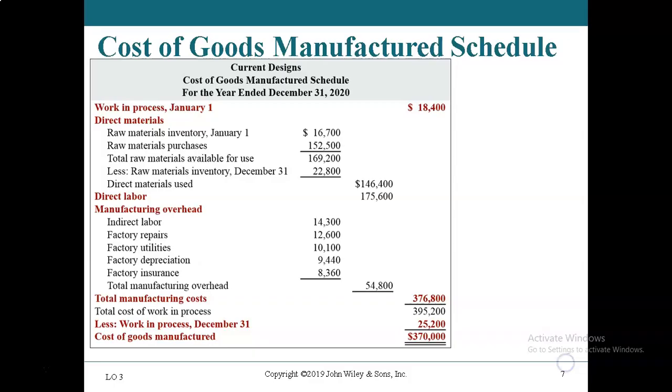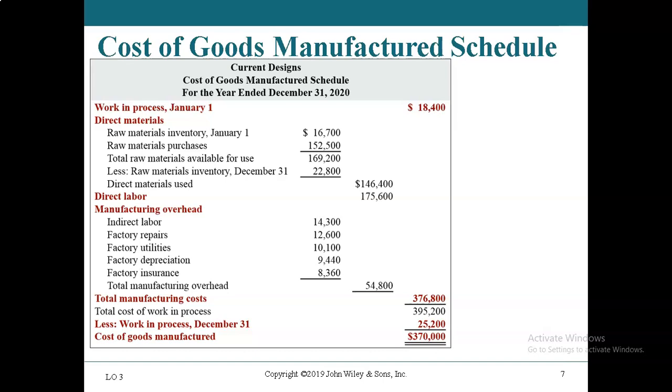Let's think about how you can read this. How much work in process, how much stuff were we working on at the beginning of the month? It's $18,400. What are the costs that we have during the period? Well, we have direct materials, which is $146,400. You can see that in the middle there, the top number.